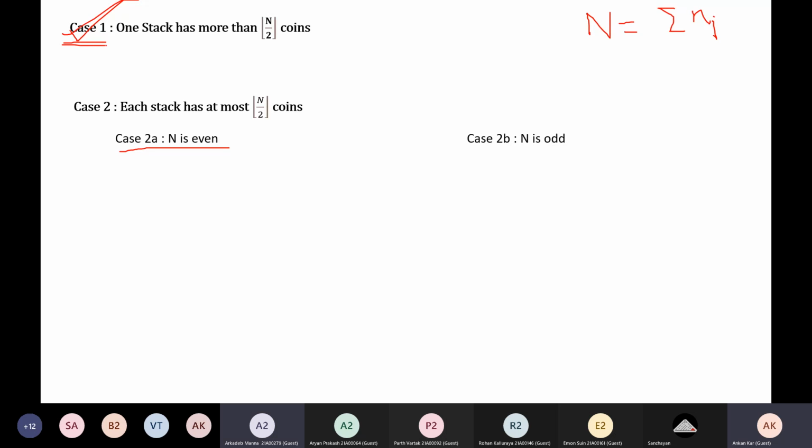I think everyone will try to take the coin from the stack which has more coins. So ultimately, by playing that way, it will end up with one coin in each of the two stacks, and the other will be gone. If n is even, then who is going to win? B, right?